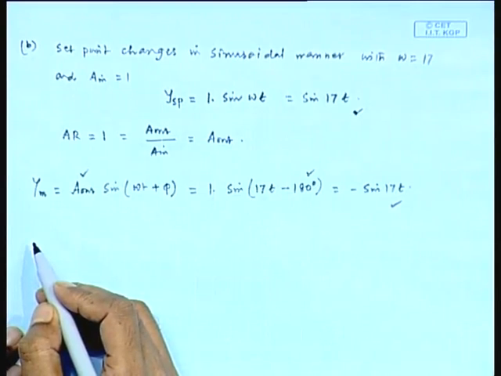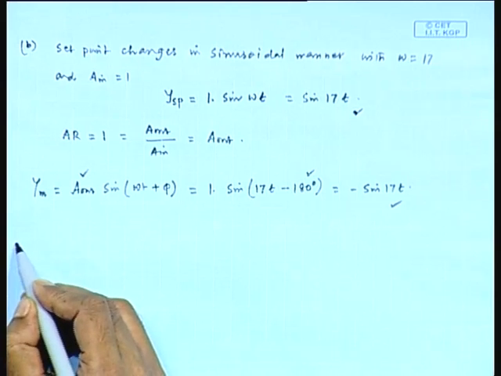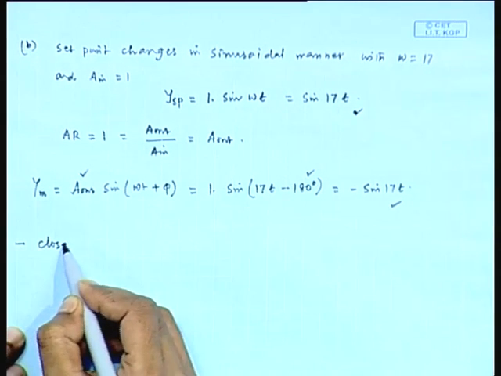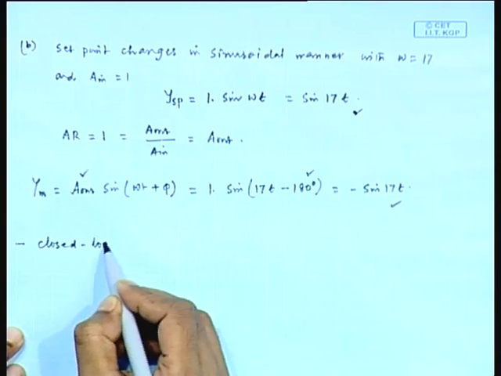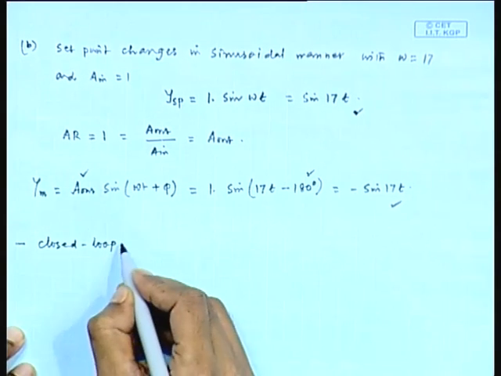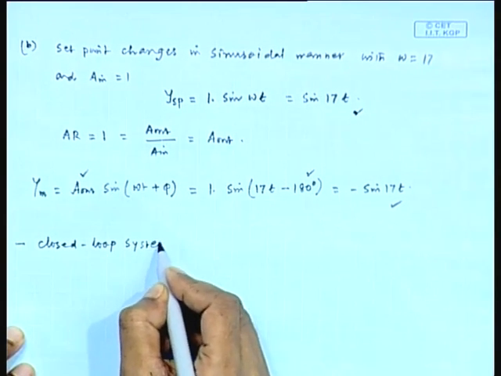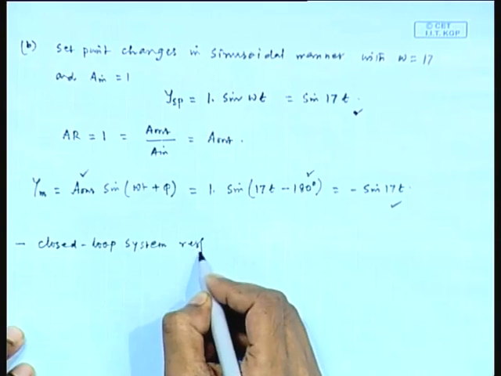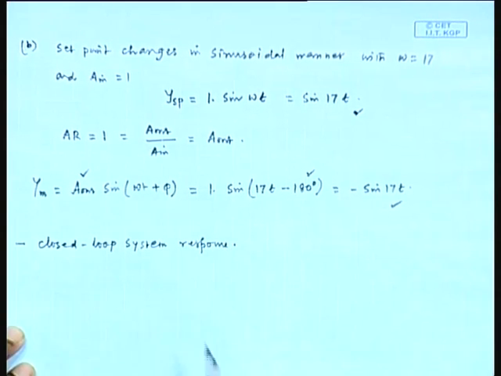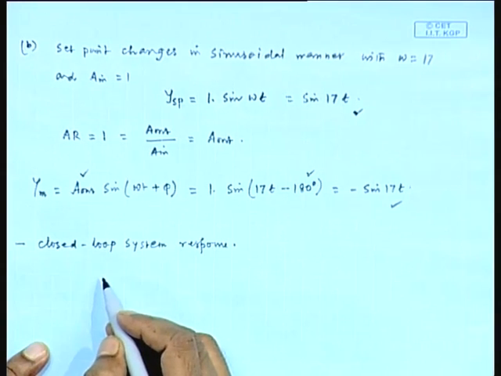In the next, we will discuss the closed loop system response. So, we will consider two events at a time. I mean, we will consider at the same time two events.